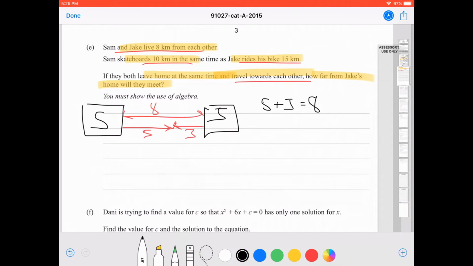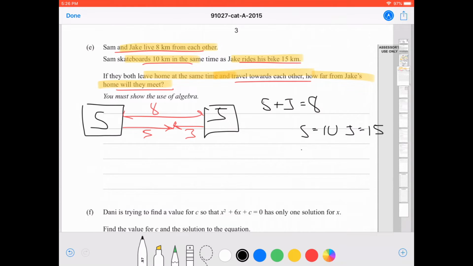So let's say S equals 10, and let's say J is 15. Now, if we want them to equal each other, and it's implied in the question, because we're talking about when will they meet, we basically have to multiply S by 15 and J by 10.